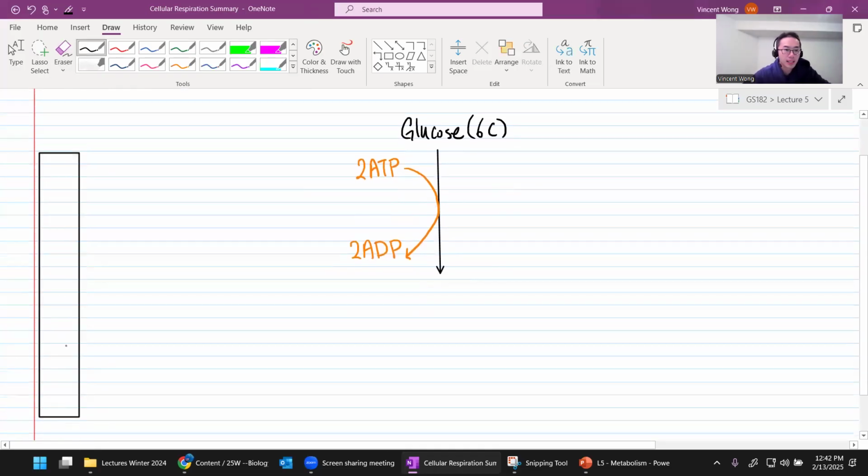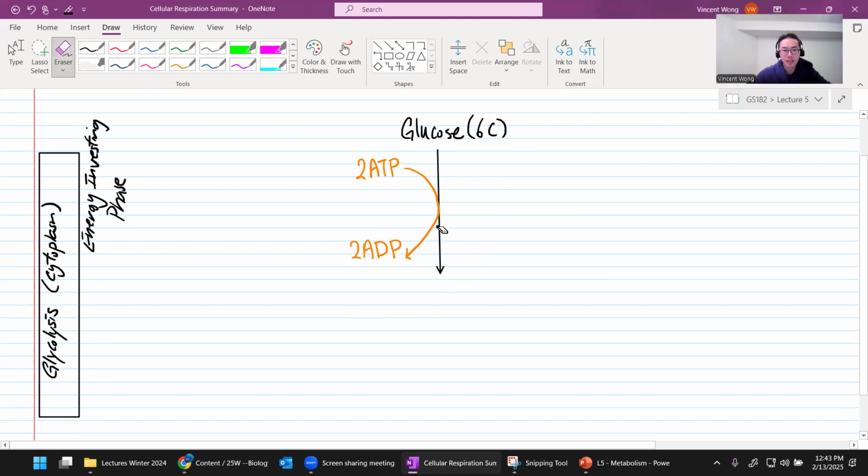This whole process is glycolysis. And it happens in the cytoplasm. And this part here that I just drew out would be the energy investing phase.